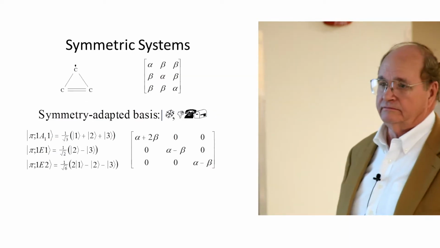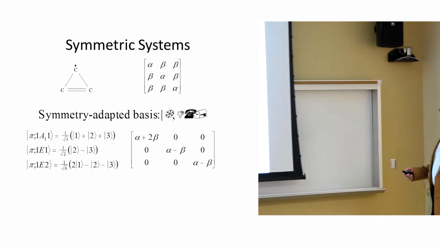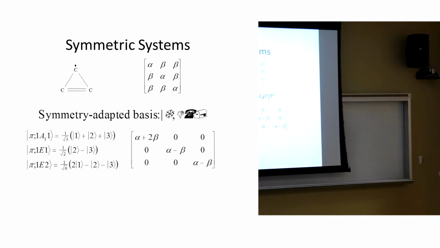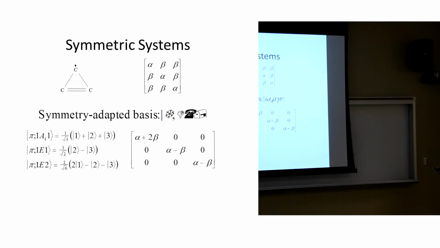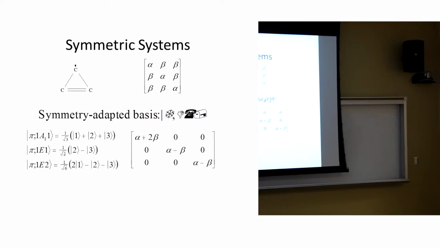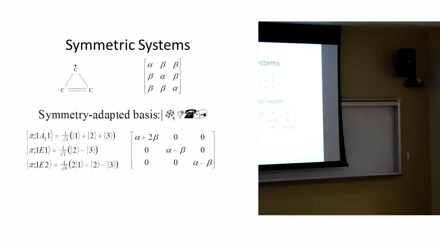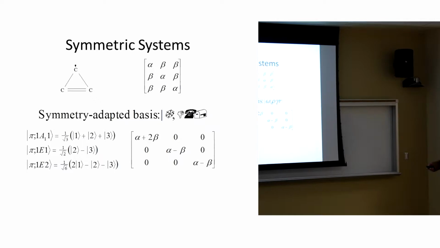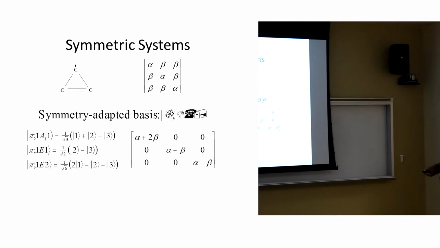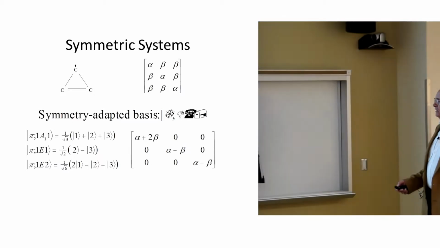For example, a symmetric system, which in this case is cyclopropenyl radical. This has C3 symmetry because all three carbons are equivalent. Notice that just like in freshman chemistry, the symmetry of the molecule is determined by where the nuclei are, not where the electrons are. We have to keep reminding students of that. But if you then go to the symmetry adapted basis, this is an A1 invariant, then there are two E's here.